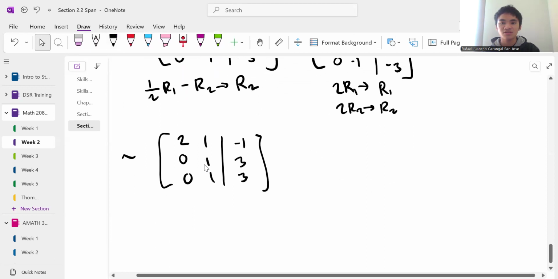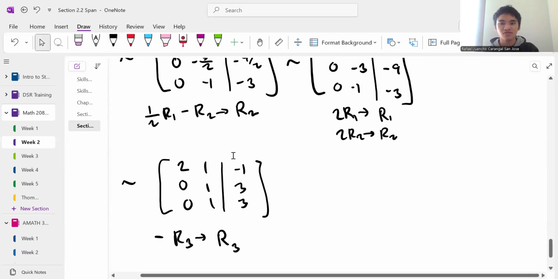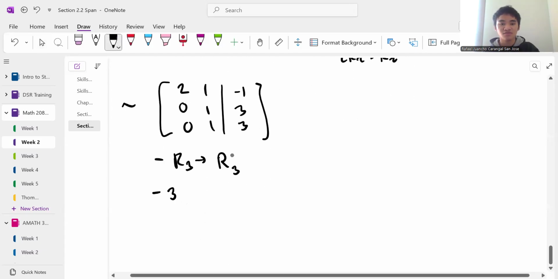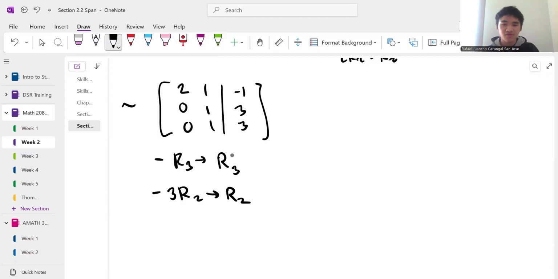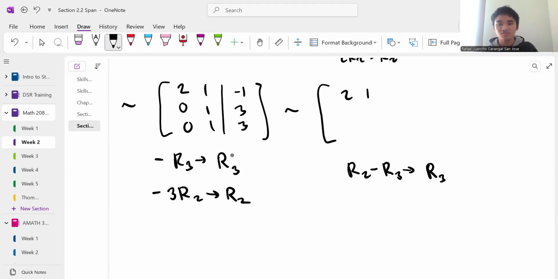Yeah, so what I did here was negative of R3, put it to R3. And then I think I did negative 3 of R2, and I put that to R2. Okay, so we're back on track. And then from there, I could just say R2 minus R3, put to R3, because then I would just get 0, 0, 0.